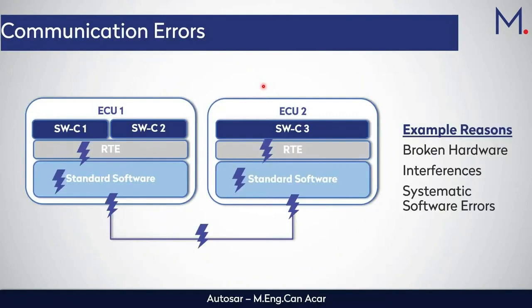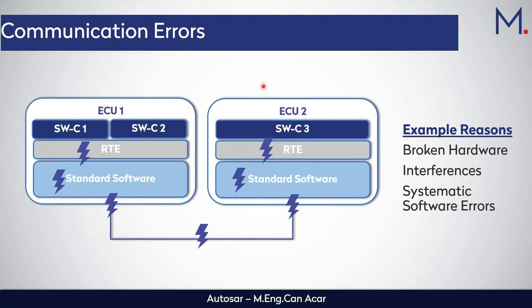So let's start with communication errors, which are basic in automotive. As you know, as I said, there are more than 70 electric control units in a car. So these ECUs communicate and exchange data between each other. This exchange of data can affect functional safety. Systematic software errors caused by communication may not only be caused by the hardware of the ECU that sent the message.